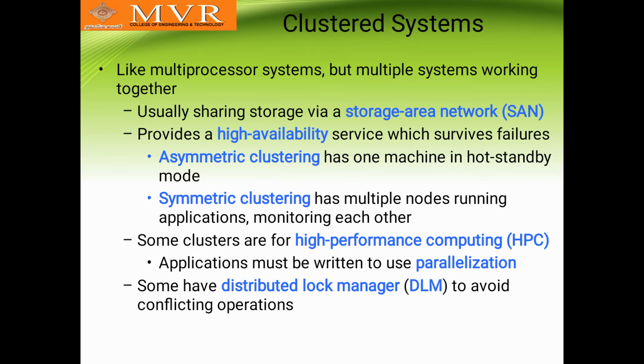Asymmetric clustering has one machine in hot standby mode, and symmetric clustering has multiple nodes running applications, monitoring each other. Some clusters are for high performance, those are HPC. Applications must be written to use parallelization. Some have a distributed lock manager, DLM, to avoid conflicting operations.